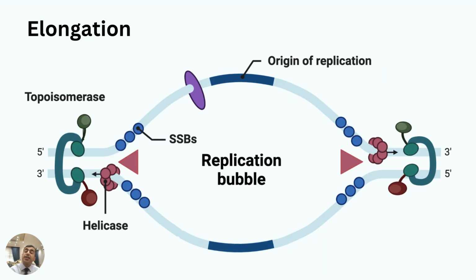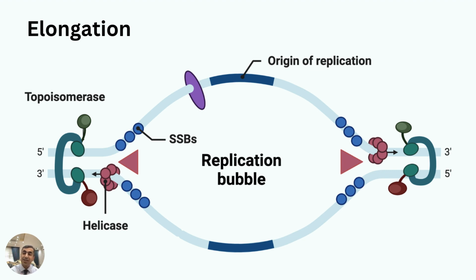Now, the second stage is called elongation. There's a specific enzyme responsible for breaking down the hydrogen bonds between double-stranded DNA, and it's called the helicase enzyme.